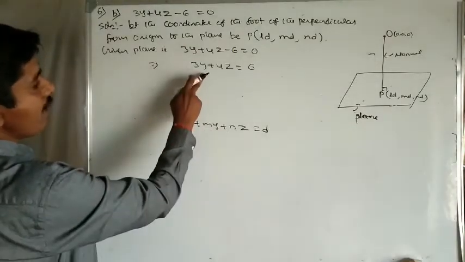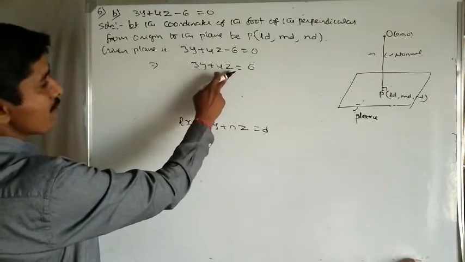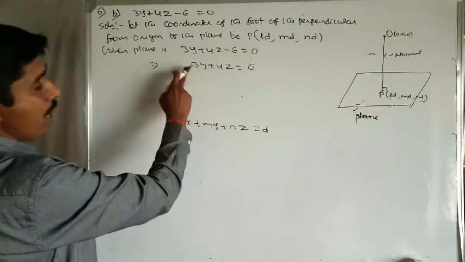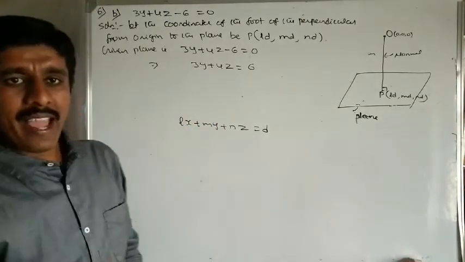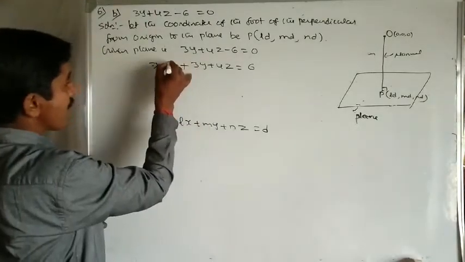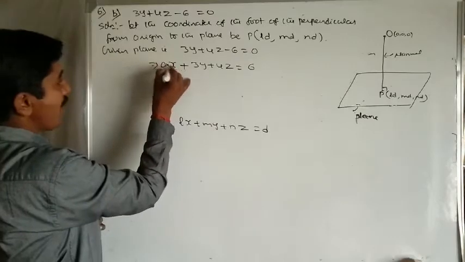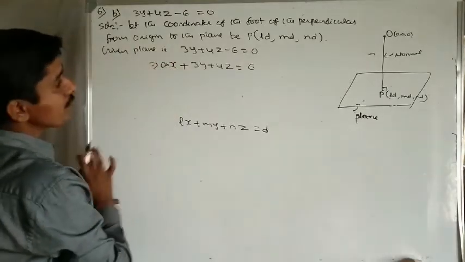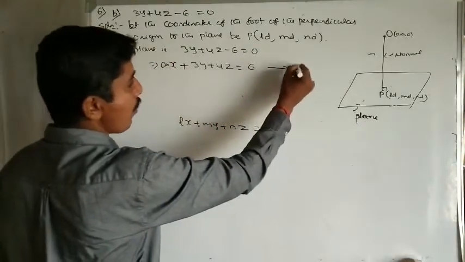Here in the given plane, only the YZ terms are present. We don't have an x term, which means the x coefficient is taken as 0. 0 into x is 0. Call it equation 1.